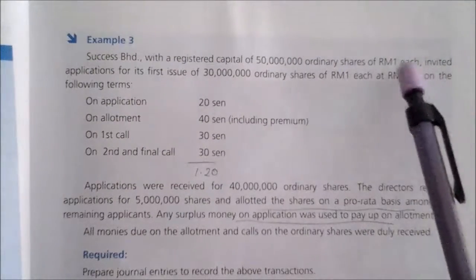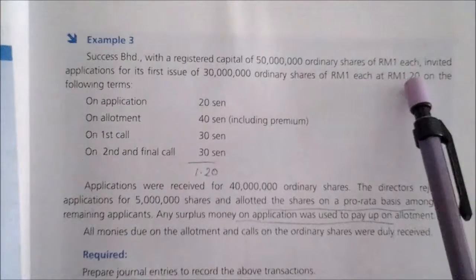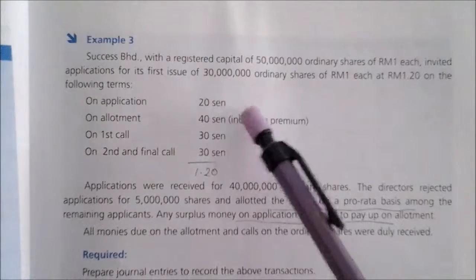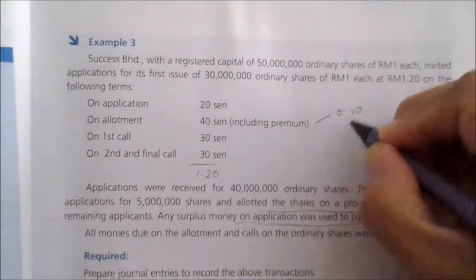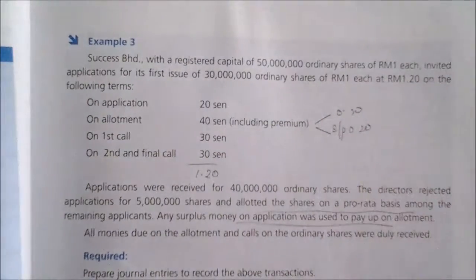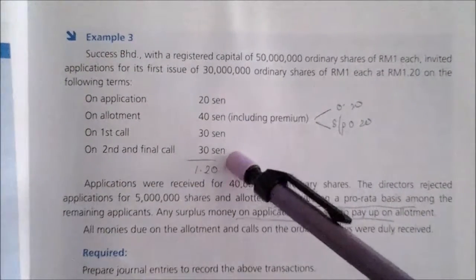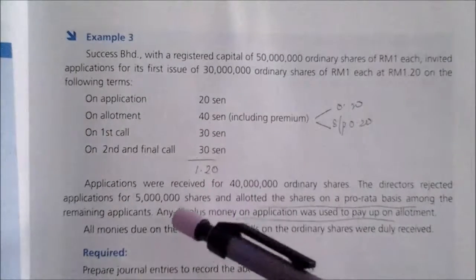The premium is the balance, the difference between par value and the amount offered, which is 20 cents. So the ordinary shares are 20 cents and the share premium is 20 cents. The first call is 30 cents and the second and final call is 30 cents. So that makes up $1.20.